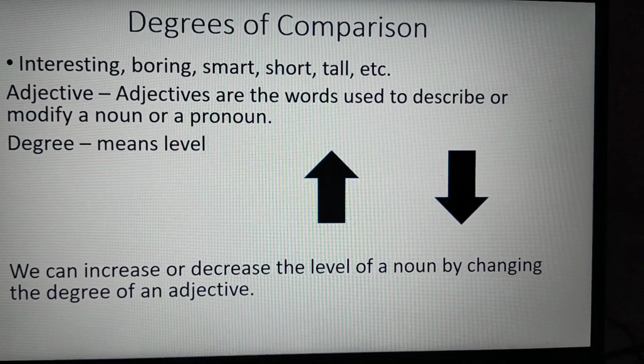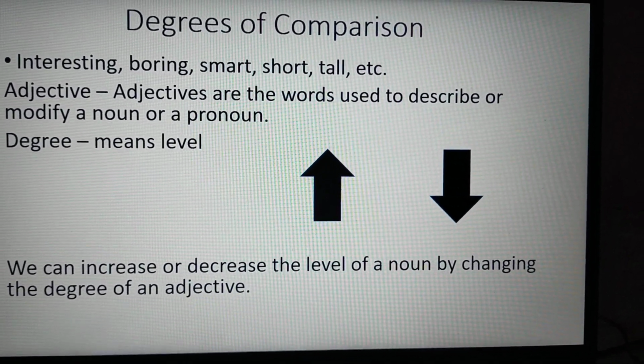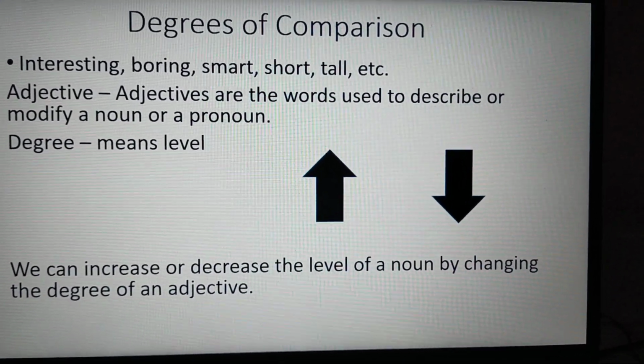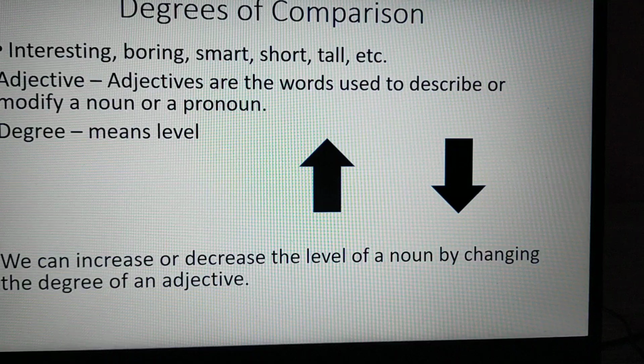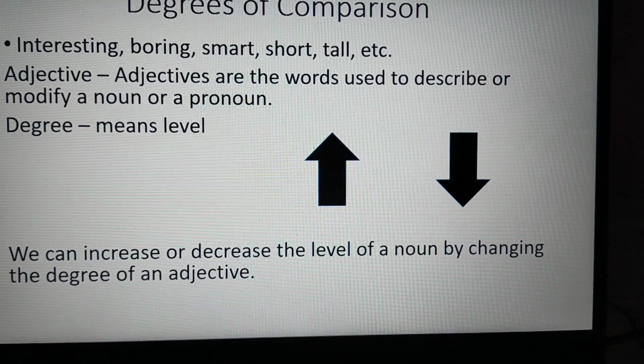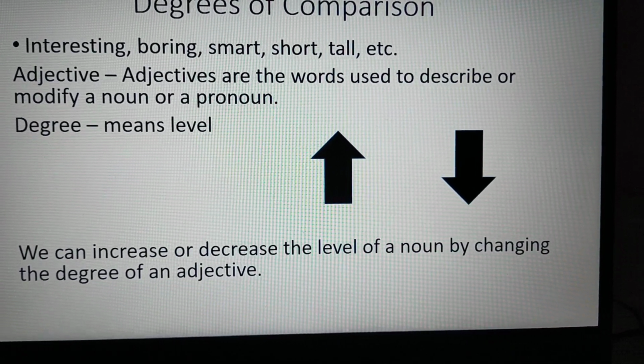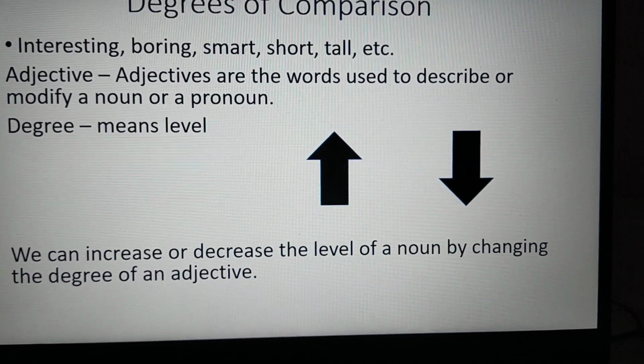We can increase or decrease the level of a noun by changing the degree of an adjective. So, these are the few things that you must know. What is an adjective? What is degree? Why do we use the degree for an adjective?